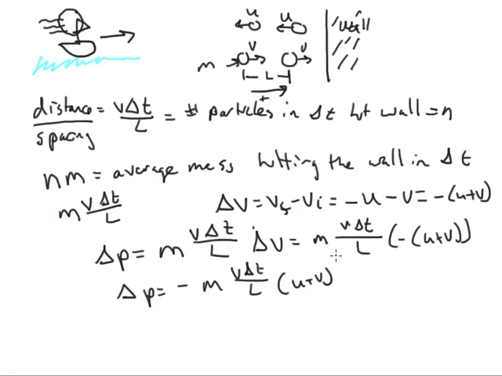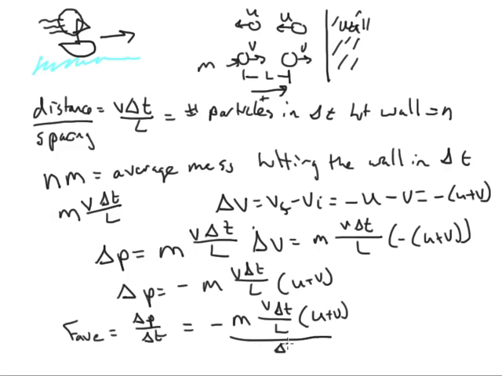Now to get the average force, we divide our change in momentum by our change in time. So the average force will be delta p over delta t. So we're going to have minus m v delta t all over L times u plus v, all of this over delta t.